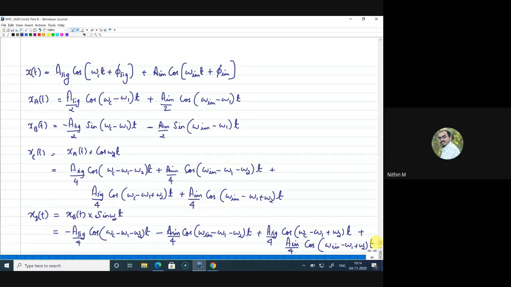So these are the components at xc of t and xd of t, right.